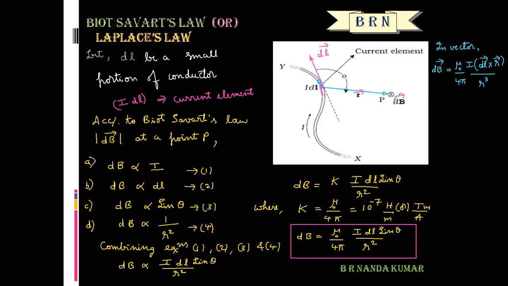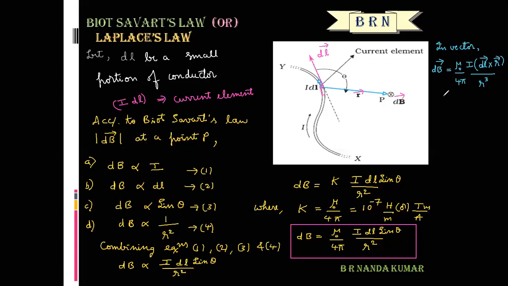So dl vector and r vector are the rotational vectors. If they are in clockwise, then the direction of magnetic field is normally inwards. Suppose if dl vector and r vector are in anti-clockwise, then the direction of magnetic field is normally outwards.